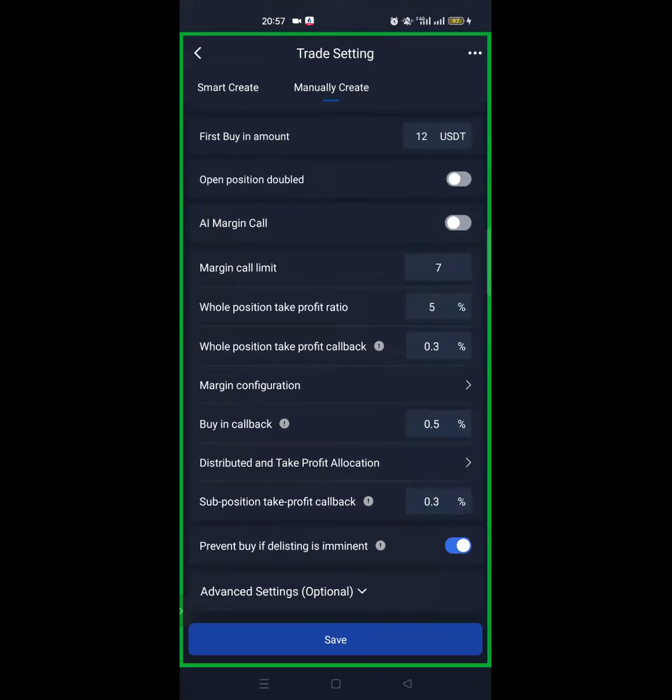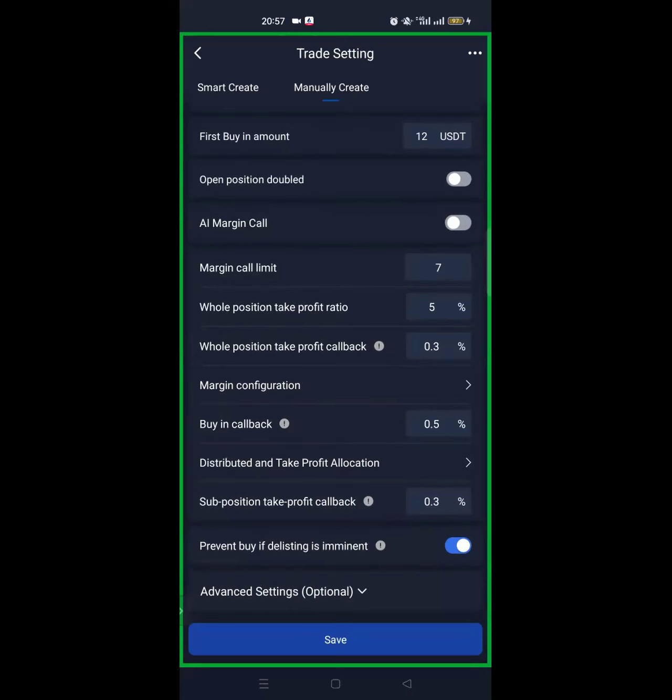If you are on circle trading, your robot is going to sell and buy the first buy and continue a new circle again. So that's that.